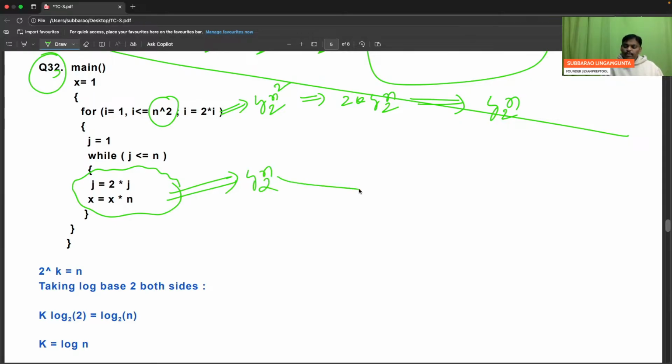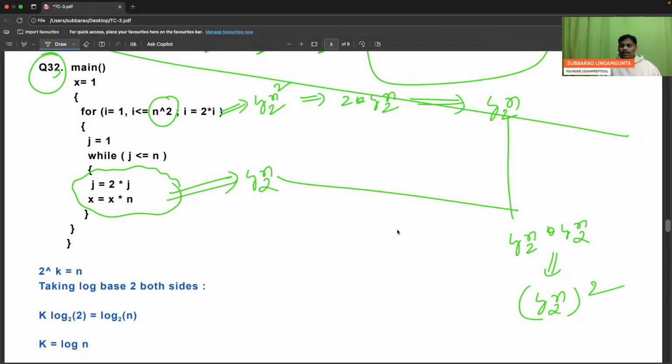So log n base 2 for the inner and also for the outer. Log n base 2 into log n base 2, which is log n base 2 whole square. Question number 33, the answer is log n base 2 whole square.